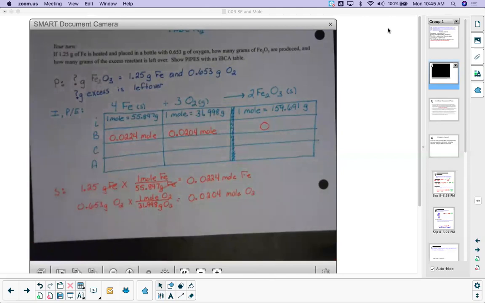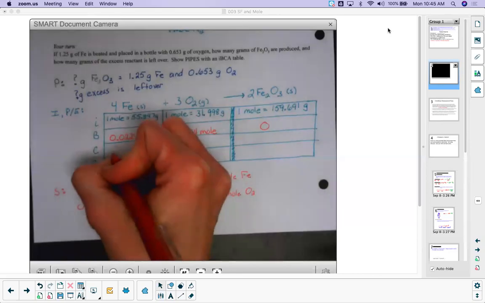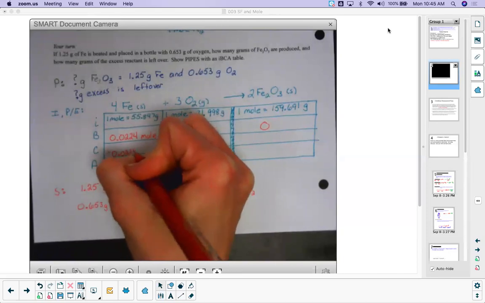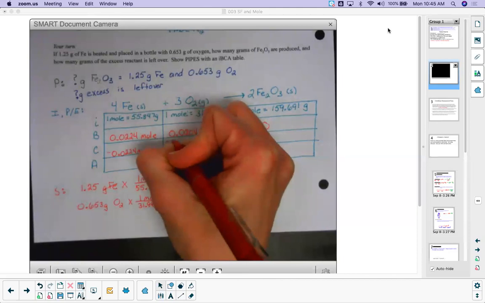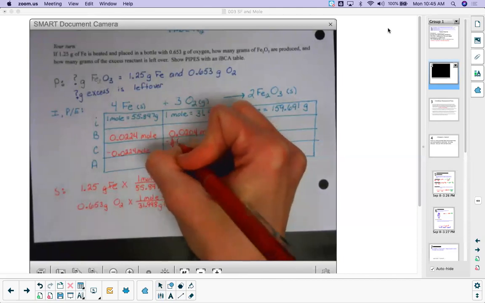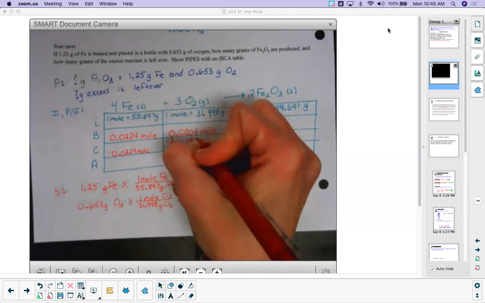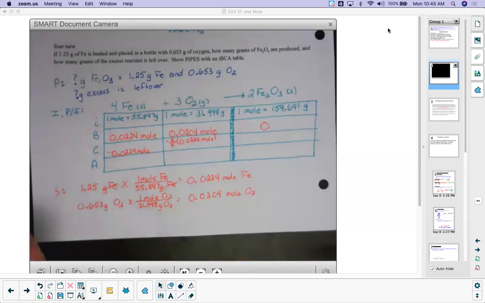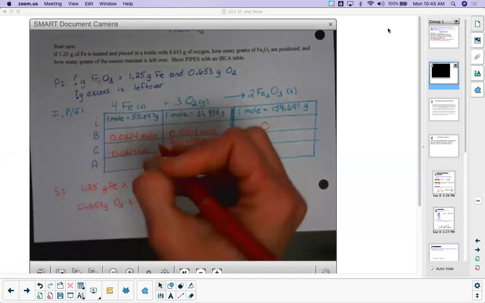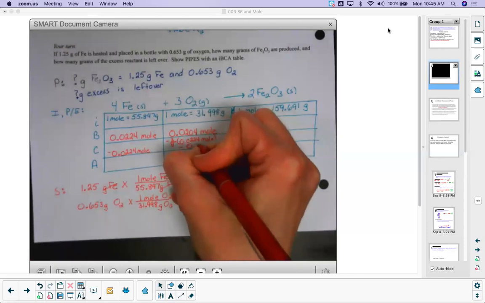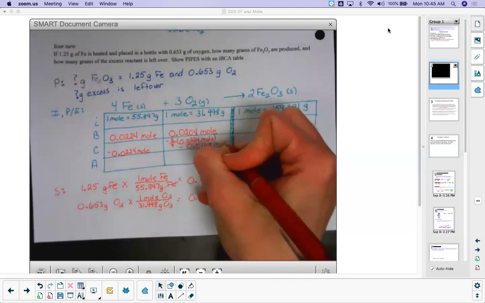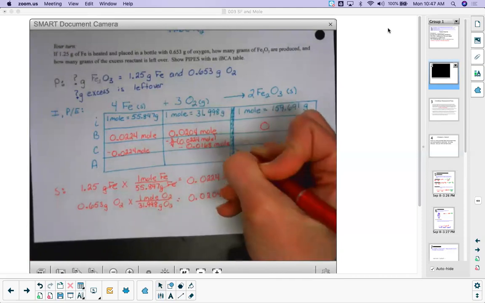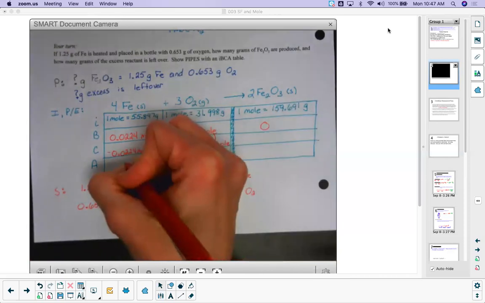So using one row, so for iron, left over. So you take away 0.272. So it'd be four, it'd be for iron, it'd be -4.